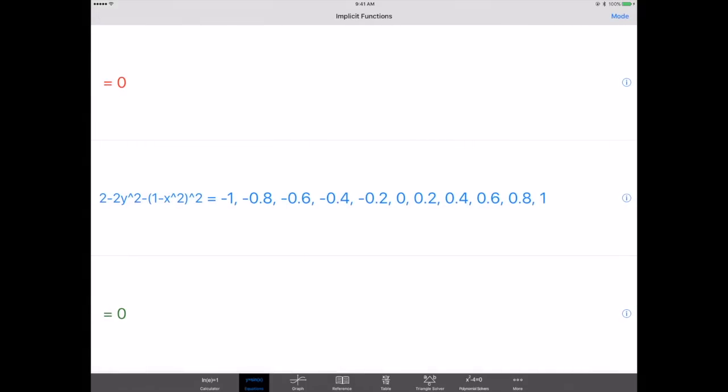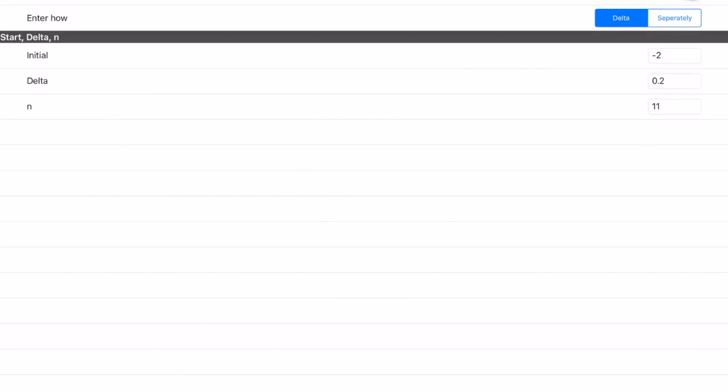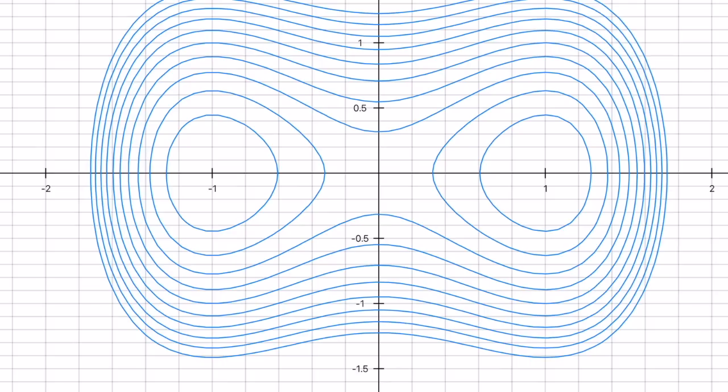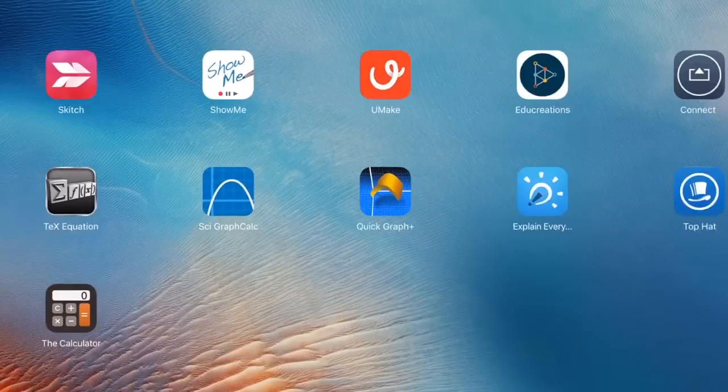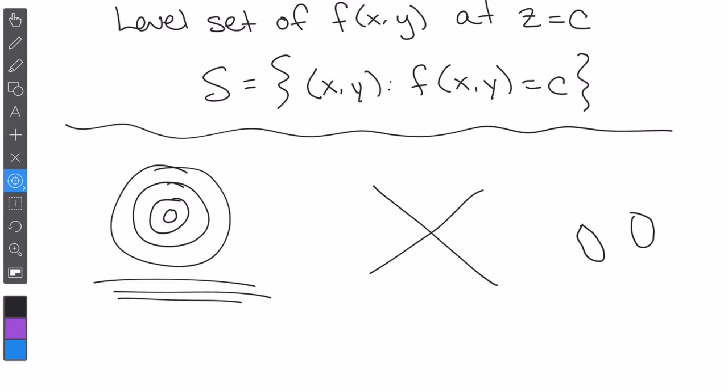Now we're going to go to the graph, and here you can see all the levels at once. Now we have all the different shapes coming up to the top of the peaks. So this is a good piece of software if you want to look at all of the level sets at the same time. If you like the surfaces, then QuickGraph is really your software.